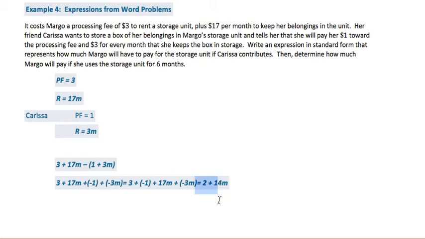So if Carissa contributes, Margot will only have to pay $2 plus $14 a month. Now, if Margot uses the storage unit for 6 months, I'll substitute in, 2 plus 14 times 6, that's the number of months.